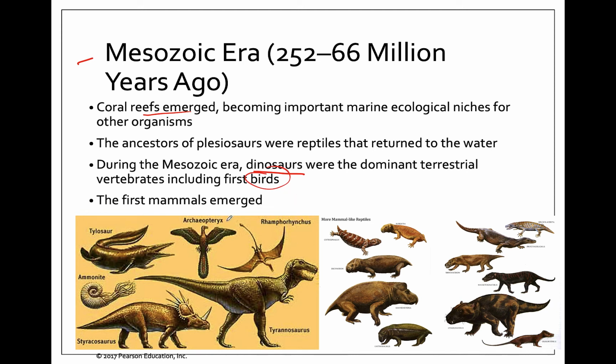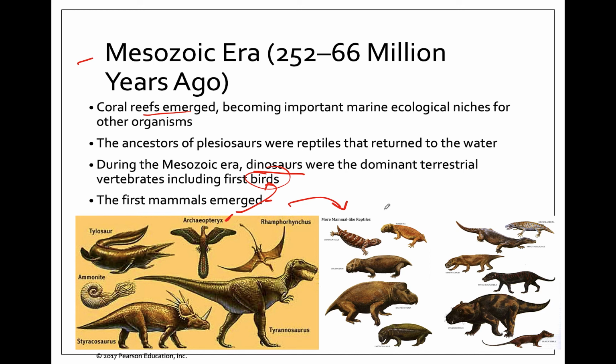Archaeopteryx right here is our first bird, and birds are considered dinosaurs. This is when mammals were thought to have emerged, but most of these mammals would have been very small-bodied organisms, looking almost like rodents that would have run around under the dinosaurs' feet. They were not the dominant, large-bodied animals that we think of today.